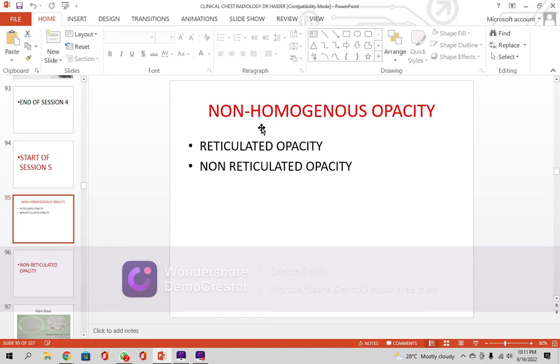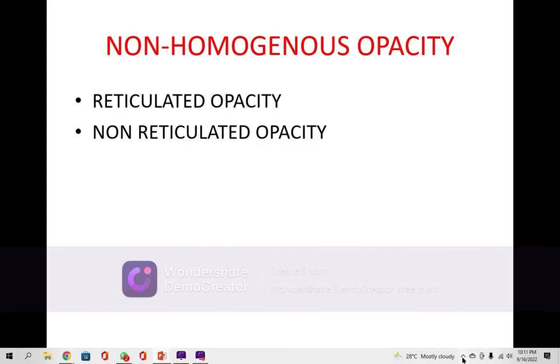They are replaced by the aerograms, black patches. It may be reticulated opacity, it may be non-reticulated opacities. First we are dealing with the non-homogeneous radio opacity.